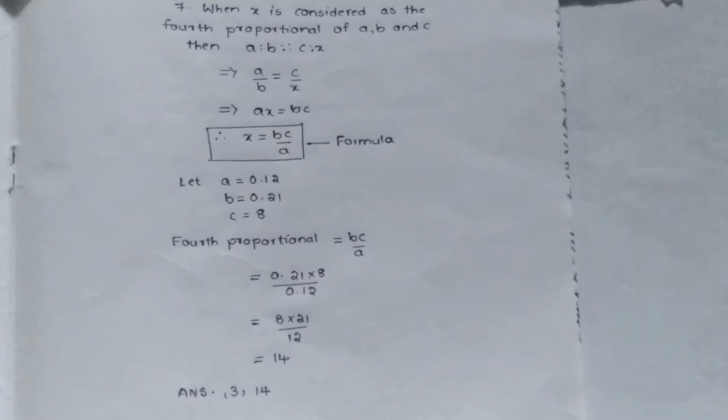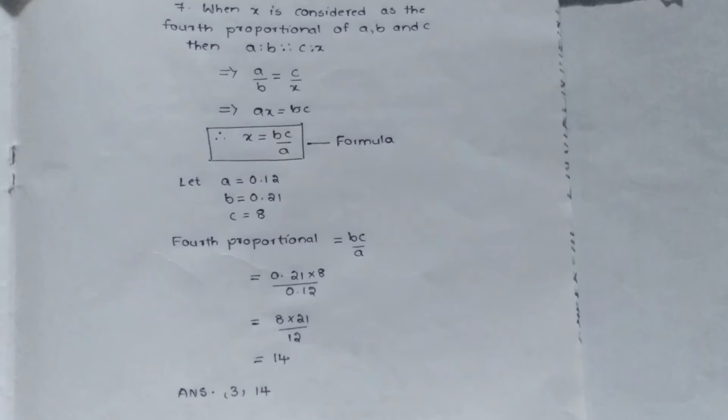That is, A is to B will be the same as C is to X. That is, A by B will be equal to C by X, and after solving this I will get the fourth proportional by multiplying B into C divided by A. So the formula for the fourth proportional is X is equal to BC by A.